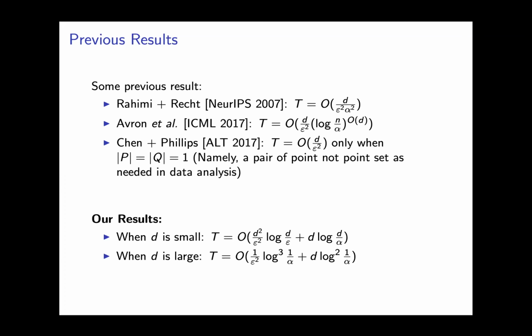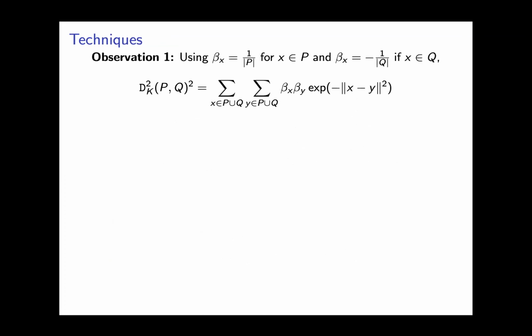Then you can reduce these back to 1/epsilon squared with JL on top of that. So these are the main results. We've removed the exponential dependence on d while getting logarithmic dependence on 1/alpha, which is much smaller than 1/epsilon.